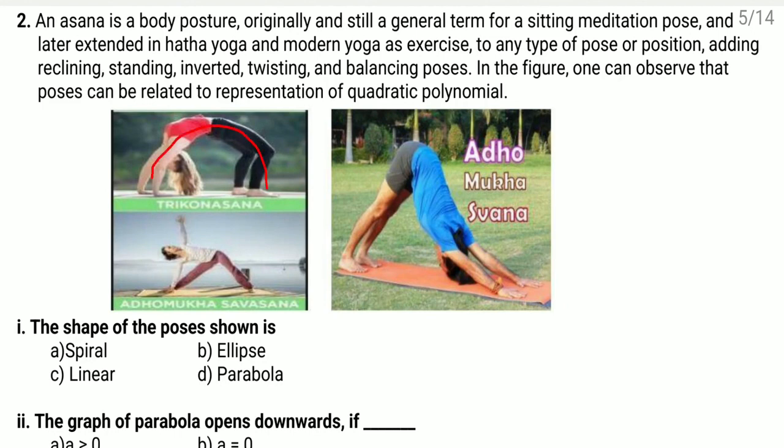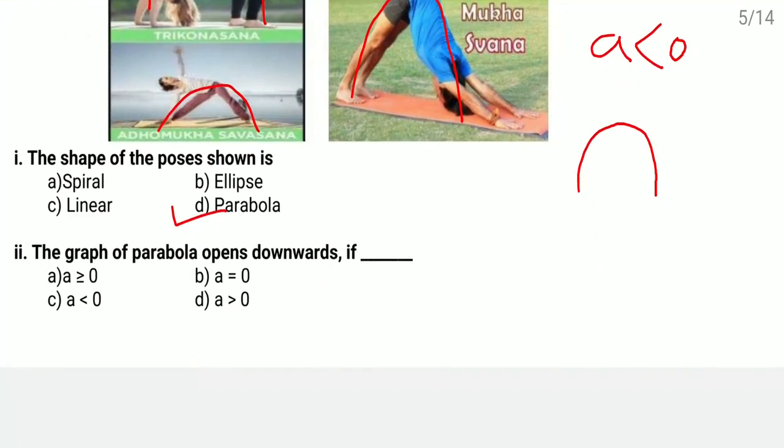This is the parabolic shape. Here also, correct? Here also if you see this way, the shape of the poses shown is definitely the parabola. The graph of the parabola opens downward. Now, if the parabola is opening downward, always remember coefficient of x square, which is a, is always less than 0. Okay, so our answer will become C. So option C is the correct one.